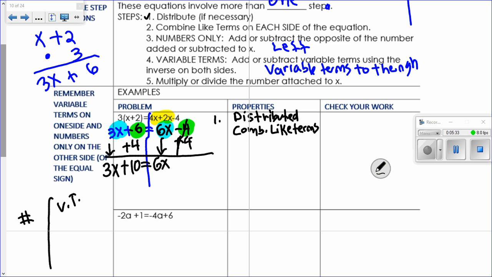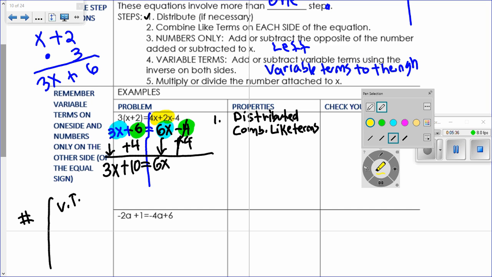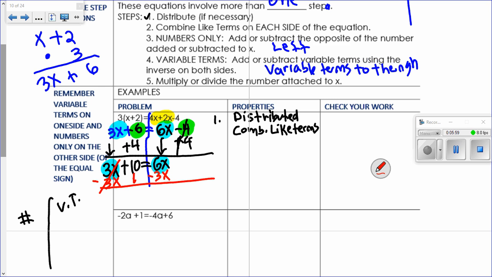The goal here, like I said, number term on the left, variable term on the right. So far I have 3x left on that left-hand side, and it needs to move over. So how do I do that? You do the opposite to both sides. So here, that implies that I'm going to subtract 3x from both sides. 3x minus 3x cancels. 10 comes down, equals 1x.